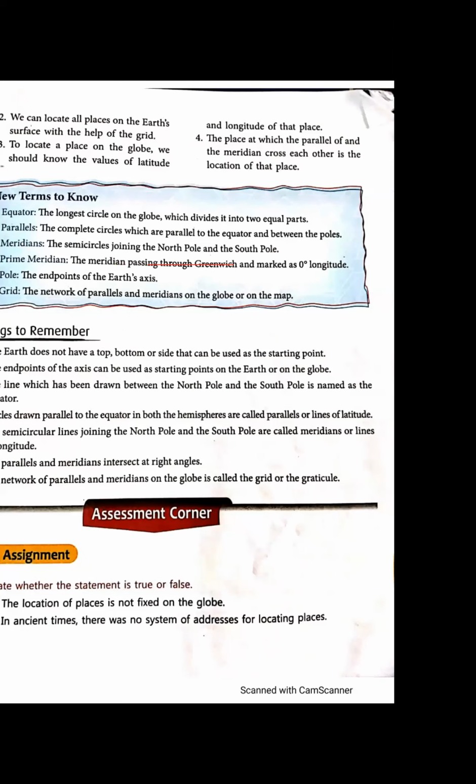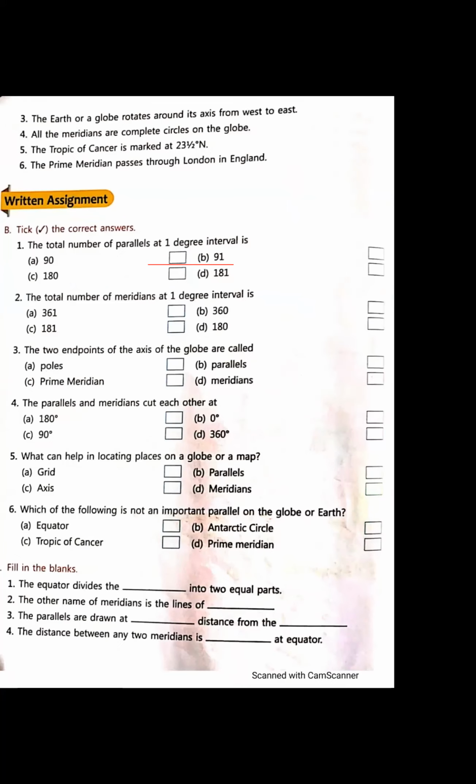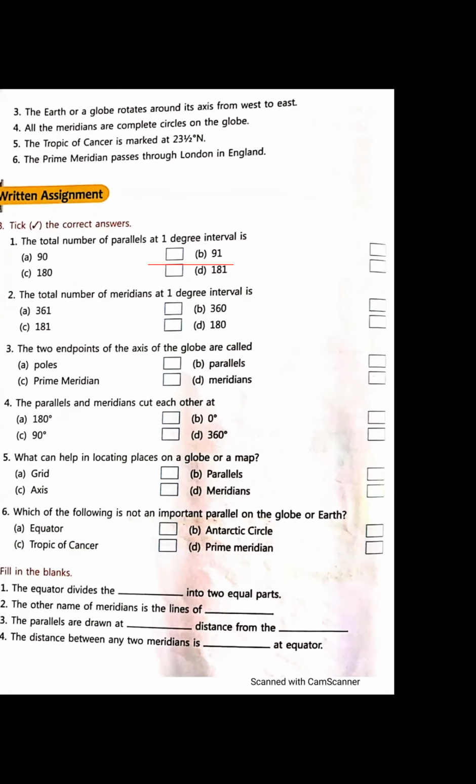Next one, the third one. The earth or a globe rotates around its axis from west to east. Who has given the answer?